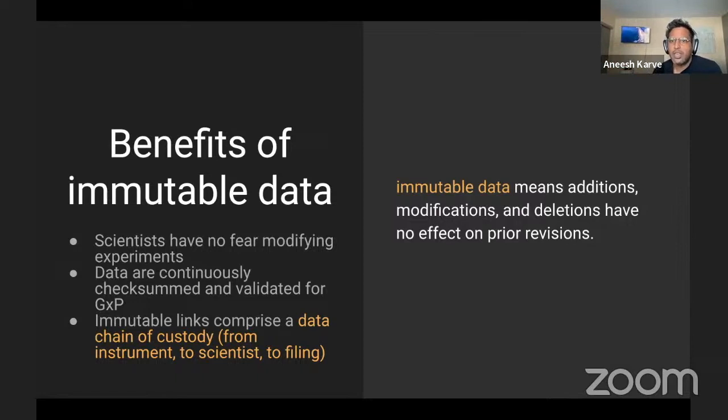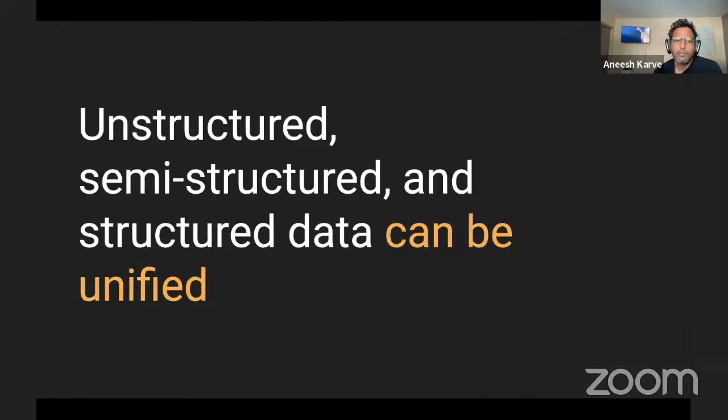So even though immutability means nothing can change, it actually means your company can experiment freely, and scientists and stakeholders are free to change things because they know the original is always going to be intact. And we like to think of immutable links as a data chain of custody: from the training environment to the model to the scientist, from the instrument to the scientist to the filing. What immutable data really allows you to do is to build up this immutable chain of custody.